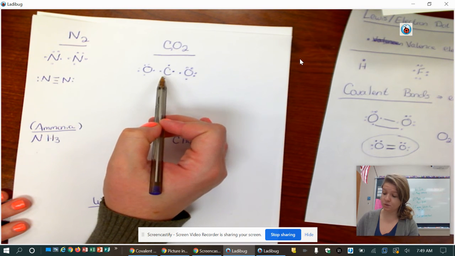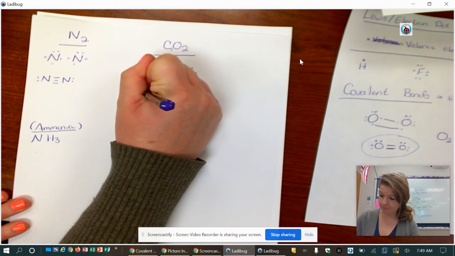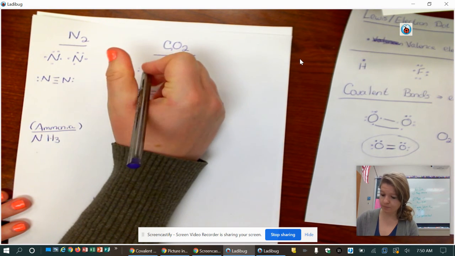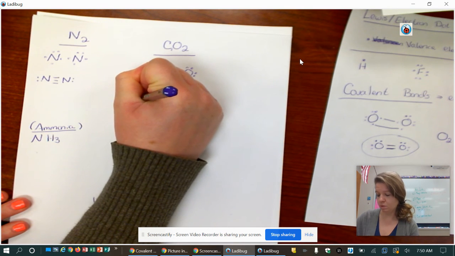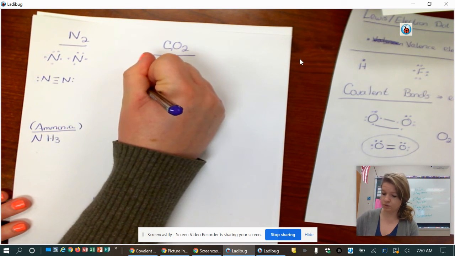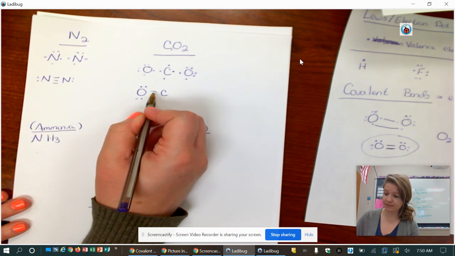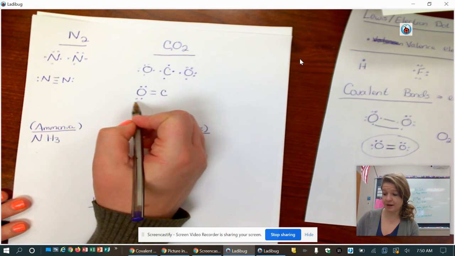So to make sure that this oxygen is happy, we form a double bond to carbon here. So we have 8 electrons, because these electrons are going around this oxygen too, right?